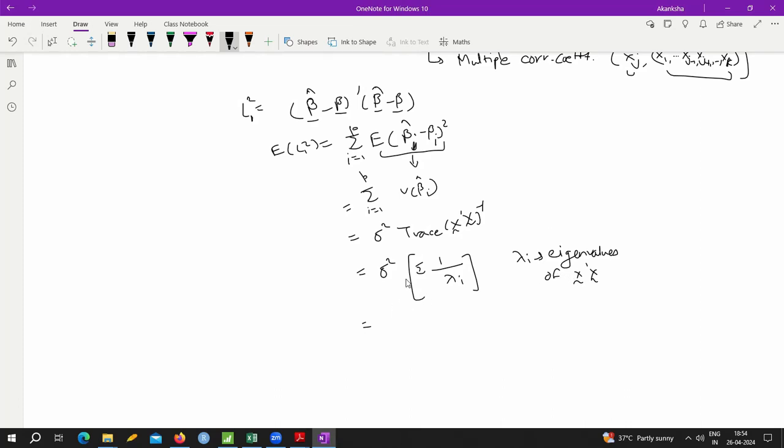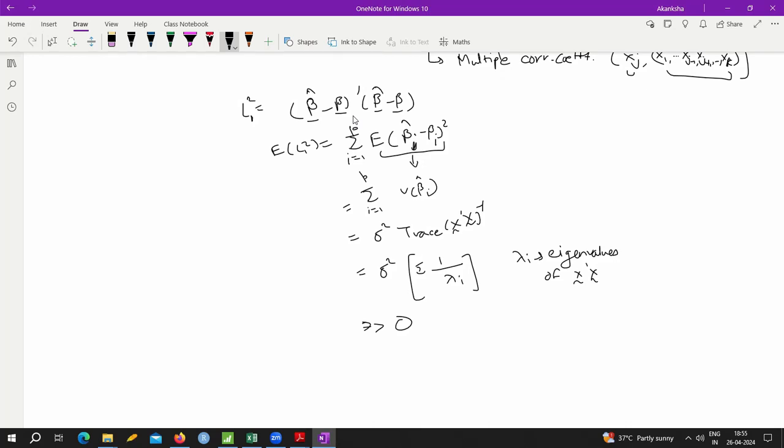If an eigenvalue is very close to 0, that would mean 1 by lambda i will be very high and this sum would also be very high, which would mean that the expected distance of the estimated value from the actual value will be very high. So that is bad. Our estimates are much away from the actual value in expectation. So these are the problems caused by multicollinearity.